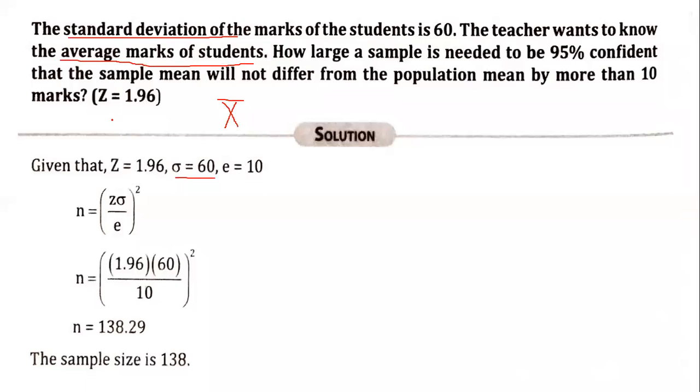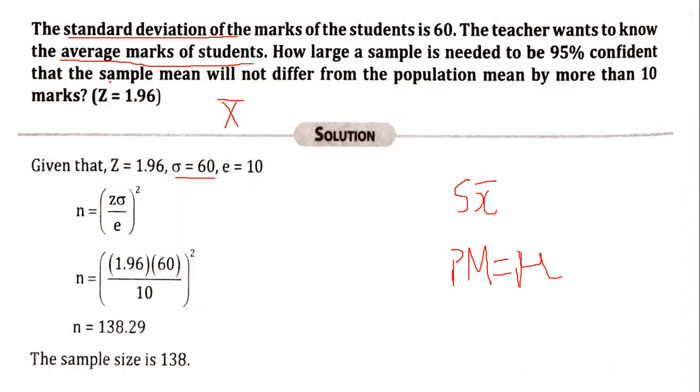So what they are trying to say here is how large the sample should be wherein I am 95% confident that the sample mean will not be different from the population mean. I told you there is something called the sample mean and something called the population mean, which is nothing but mu.